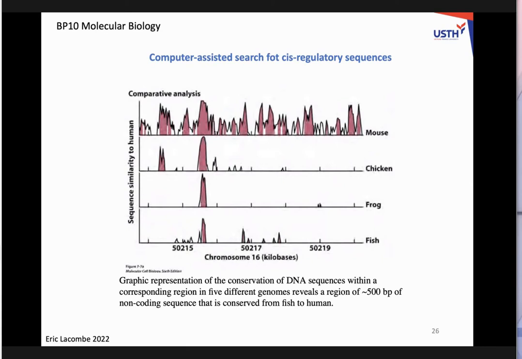So before talking about this slide, take the coding sequence. The coding sequence is everything that is after the transcription initiation start until the end of the transcription unit. The transcribed sequence contains the 5' and 3' untranslated regions, the exons and the introns.